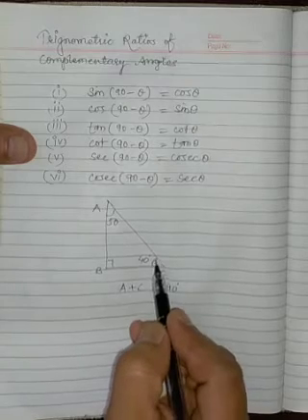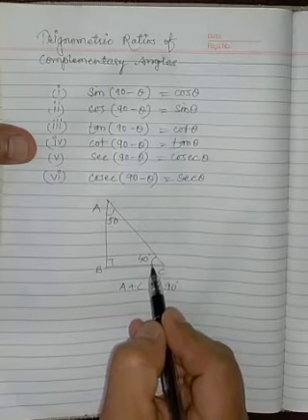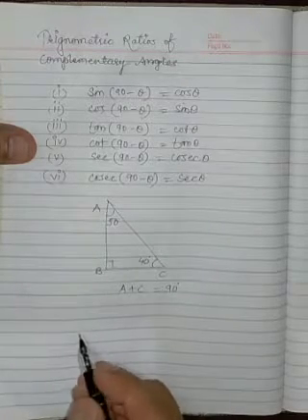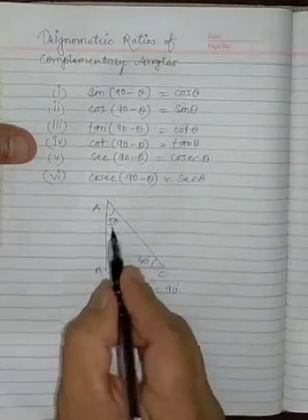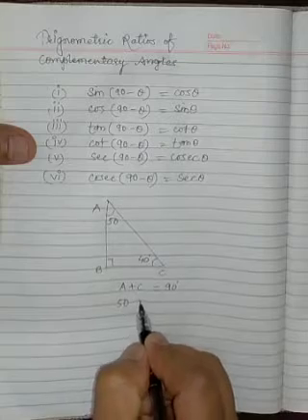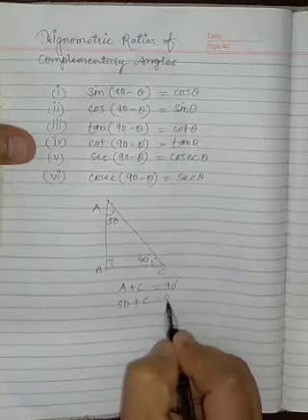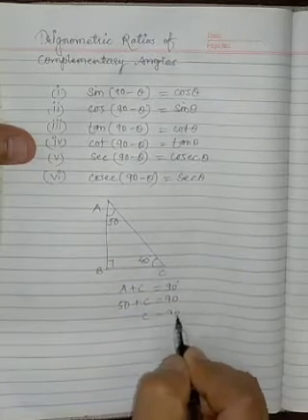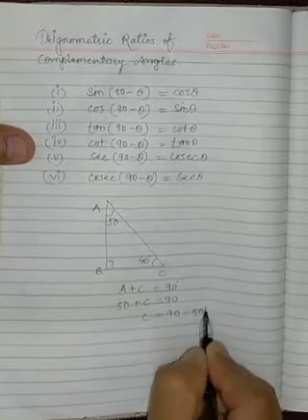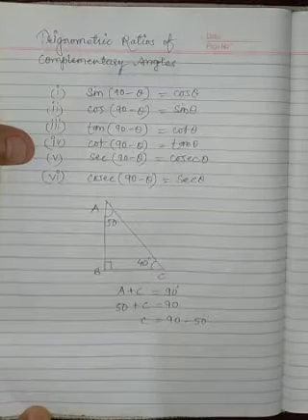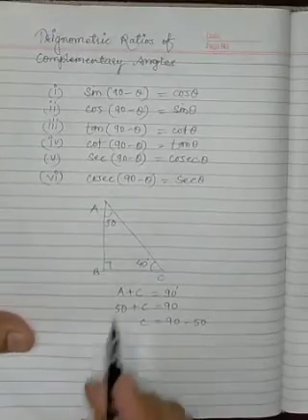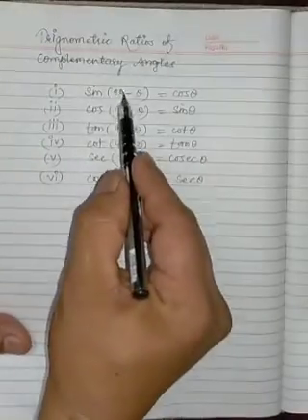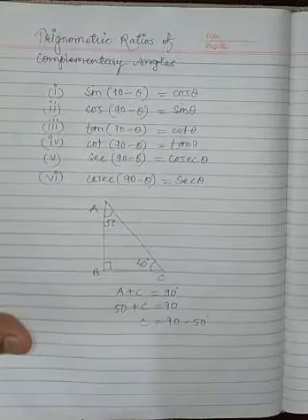For example, I am writing this angle C in terms of complementary. So if angle A plus C is equal to 90 degree and A is 50 degree, then angle C will be equal to 90 minus 50 degree.